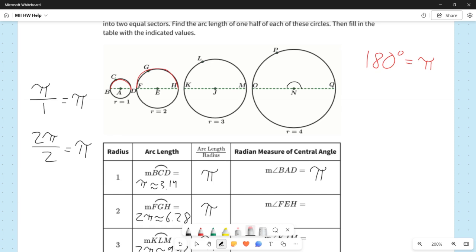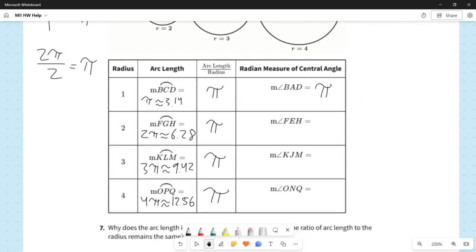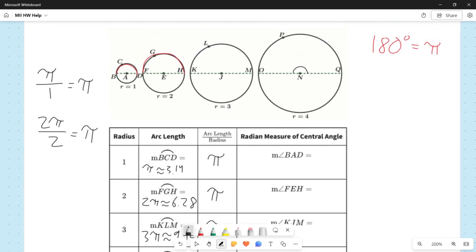So I guess technically we actually did the big circle here, so technically we are down here at our last row. But if we go back to the small circle, notice again that our central angle is half of a full circle, and so the radian measure for this central angle is pi.